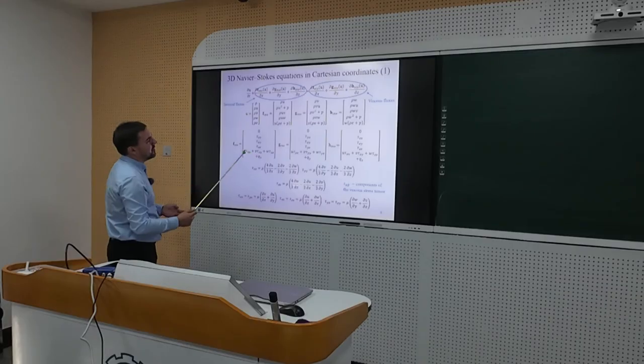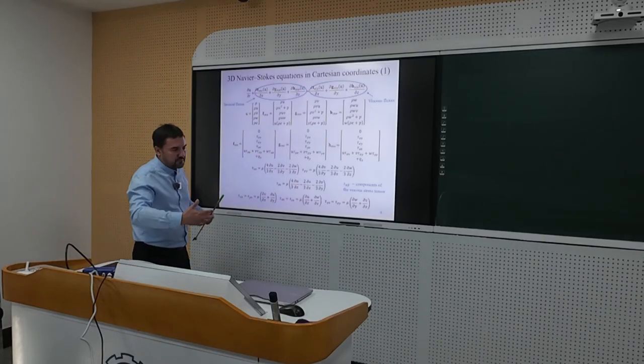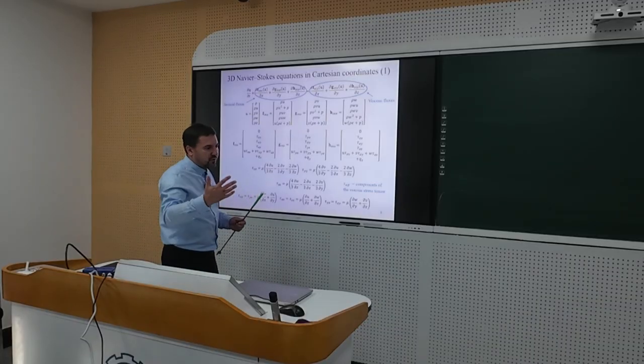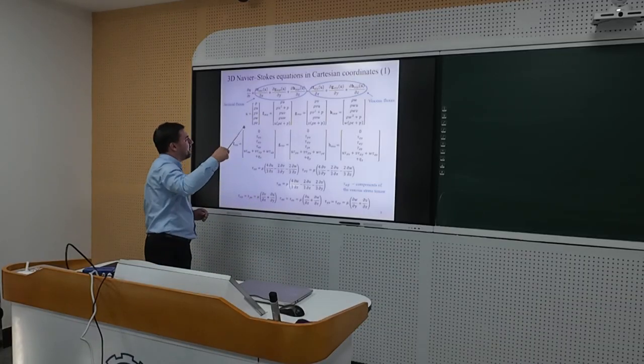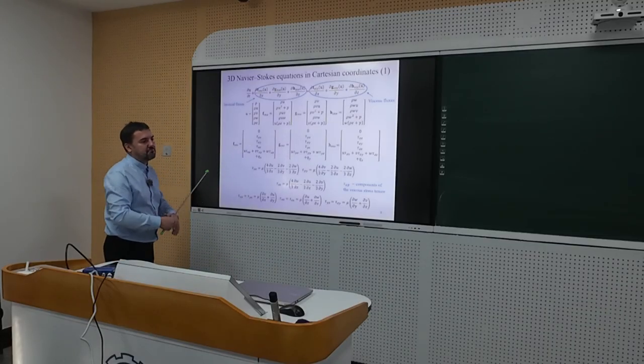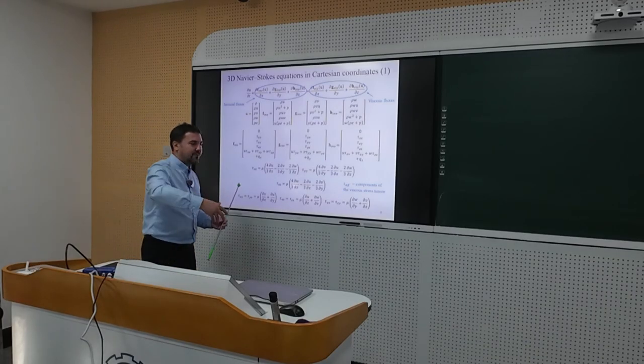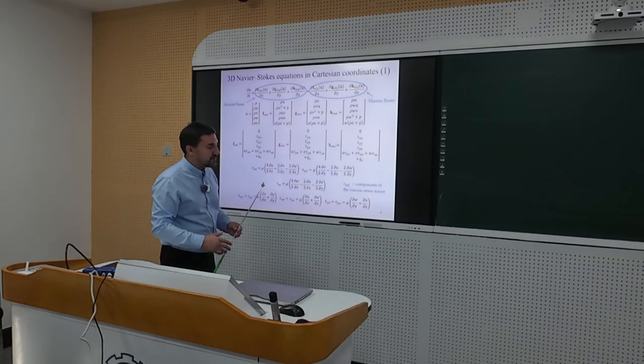We have 3 components of our velocities, and you can see that when the dimension of your problem increases, the computational costs and the sizes of all vectors that you should store also increase. That is why 3-dimensional gas dynamics is a source of problems for supercomputers.